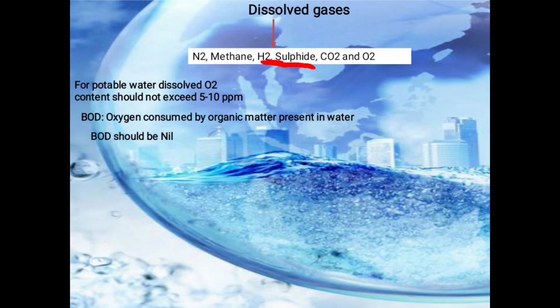The DO of the diluted sample after this period of incubation is again calculated. The difference between the initial value and the final value will indicate the oxygen consumed by the sewage sample in 5 days. Then BOD equals dissolved oxygen consumed into dilution factor. The dilution factor means the ratio between the volume of the diluted sample and the volume of the undiluted sample.